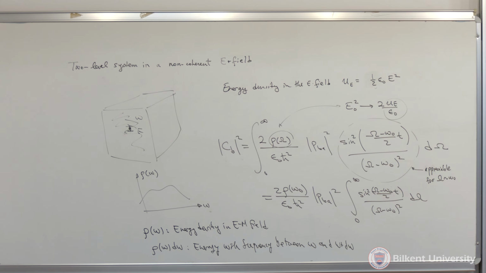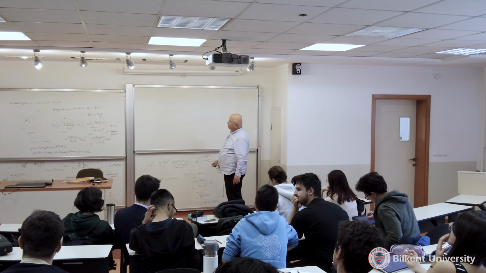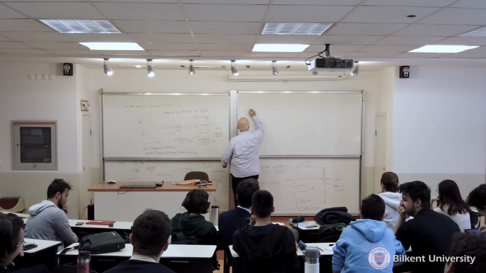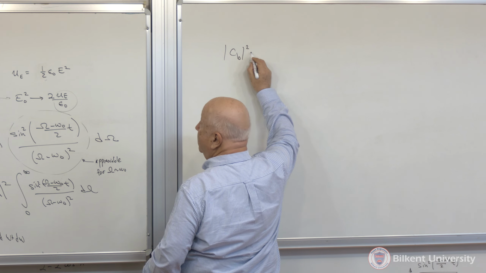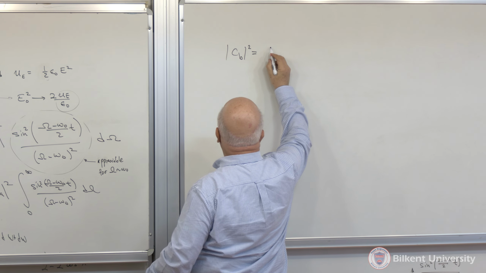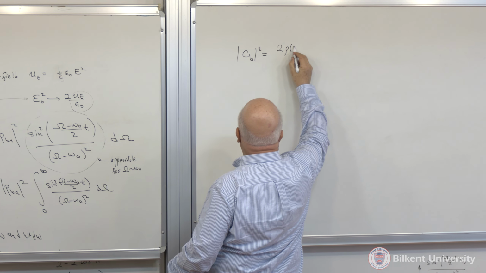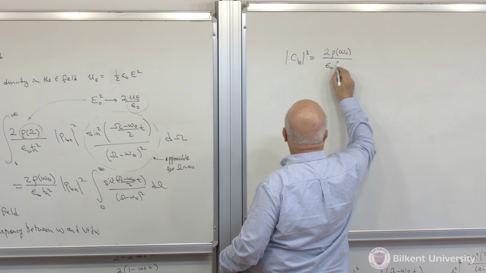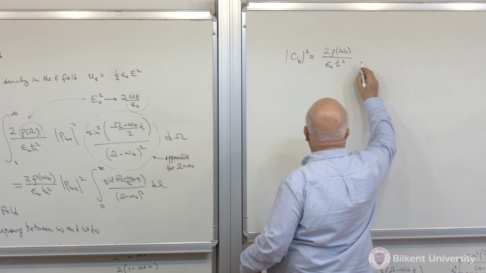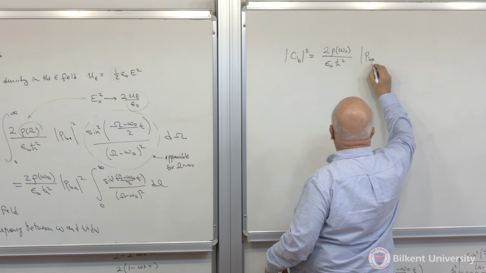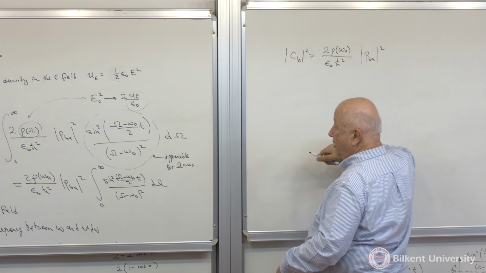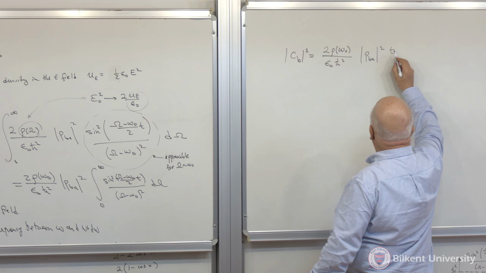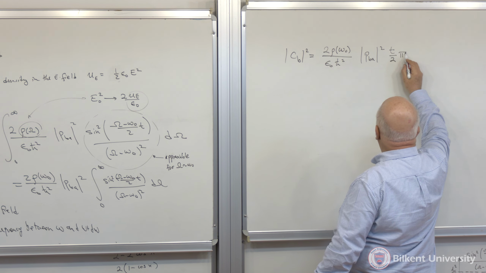And we got t over 2 times pi. So this C B squared is equal to 2 rho of omega 0 over epsilon 0 h bar squared P BA squared, and then t over 2 times pi.